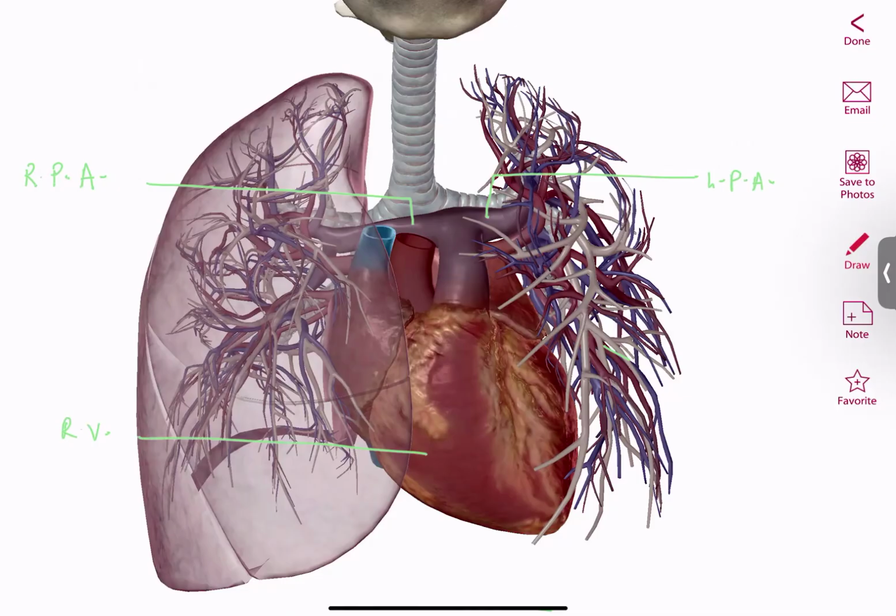Now, once oxygenation is completed, there will be two pairs of pulmonary veins. I repeat, there will be two pairs of pulmonary veins, one pair coming from each lung, that open into the left atrium of the heart. So here is one of the left pulmonary veins.